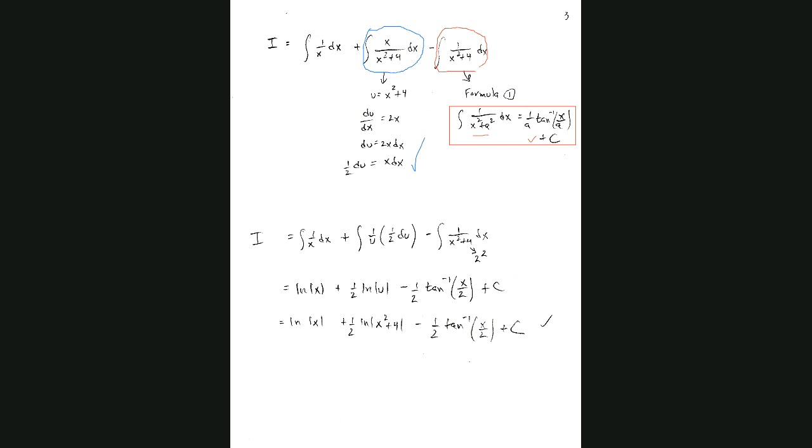Now, the formula is general. What you're used to seeing, of course, is the antiderivative of 1 over x squared plus 1, and you recognize that as the arctangent of x plus a constant.